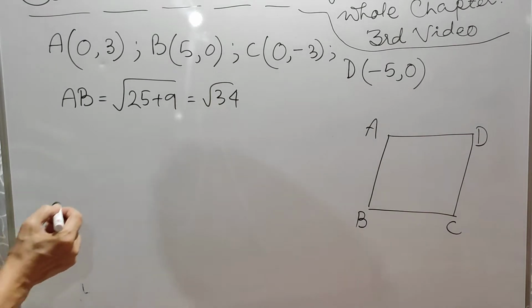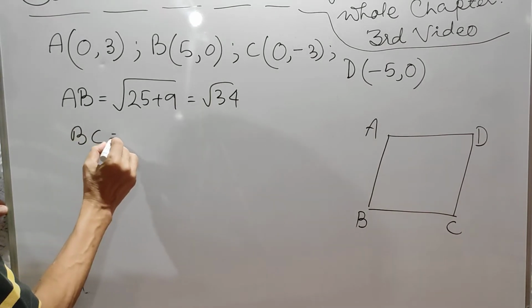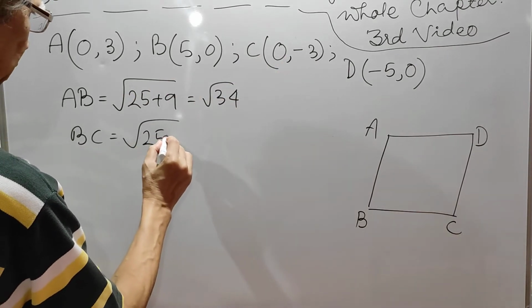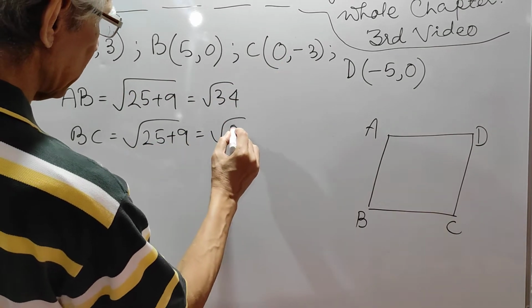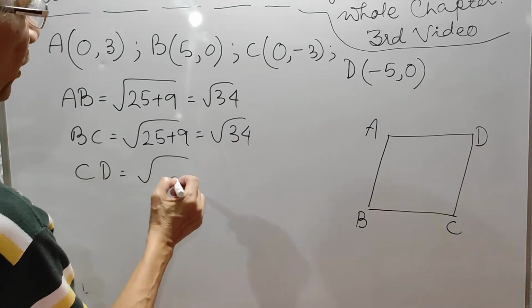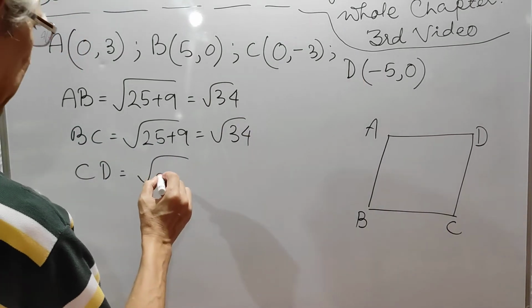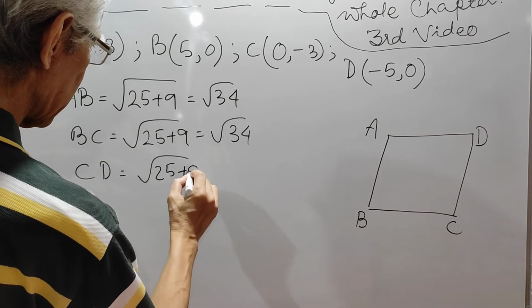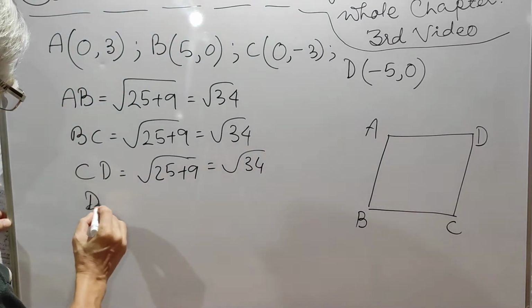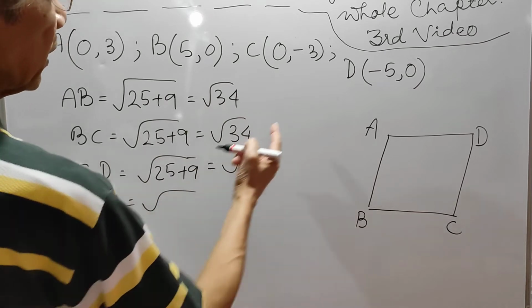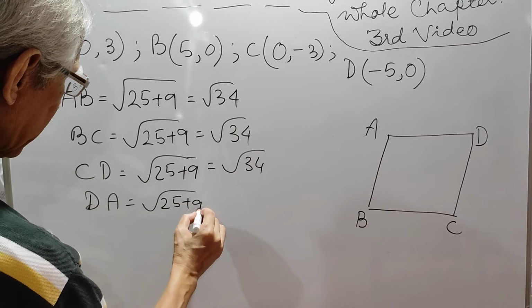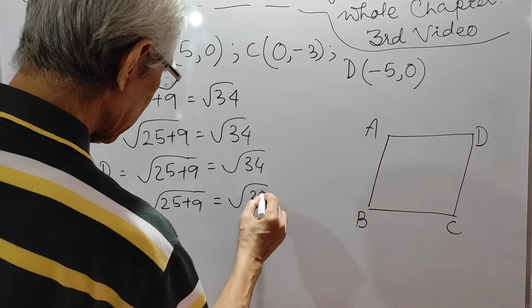Then BC is again 25 plus 9, that is root 34. CD is again 25 plus 9, that is root 34. DA again 25 plus 9 equal to root 34.